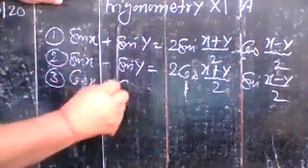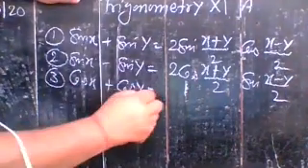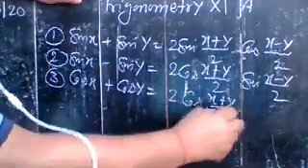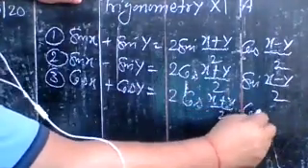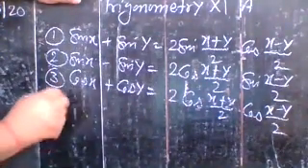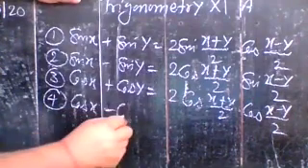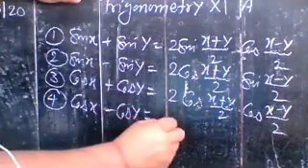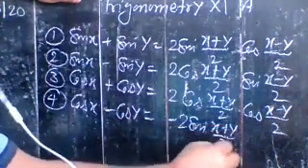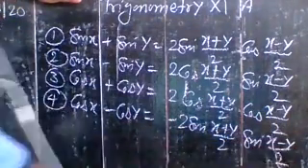And third is cos x plus cos y. Cos x plus cos y is equal to 2 cos (x plus y) by 2 cos (x minus y) by 2. And the fourth one, cos x minus cos y is equal to minus 2 sine (x plus y) by 2 sine (x minus y) by 2.